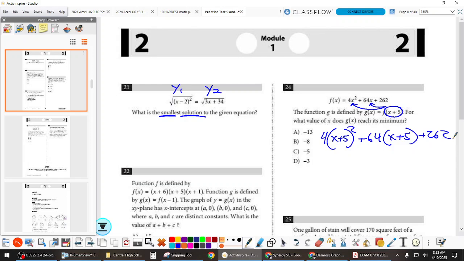But think about all you'd have to do for that. You would have to expand this binomial, x plus 5 times x plus 5, and then multiply all that by 4, and then combine any like terms that you have, and then find b, negative b over 2a. That's a lot of work. Whereas if you just plug this in, it's not.